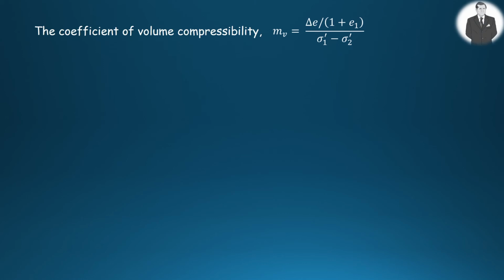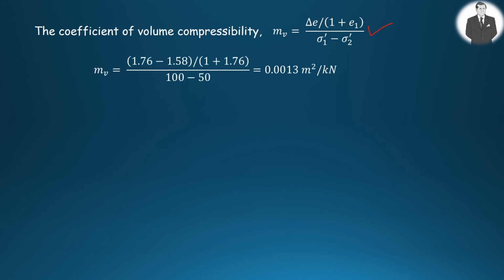If we place the void ratios and the corresponding stresses in the equation given here, we obtain the coefficient of volume compressibility as 0.0013 square meter per kilonewton.